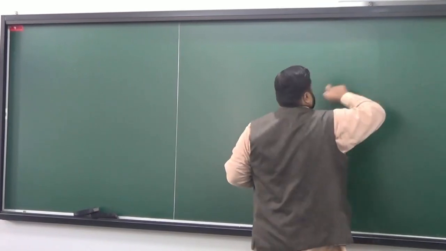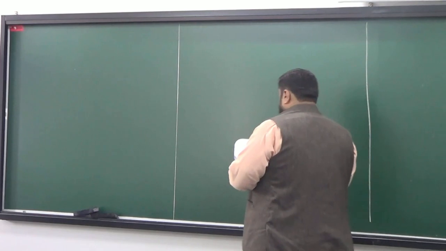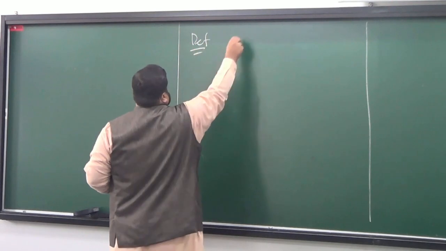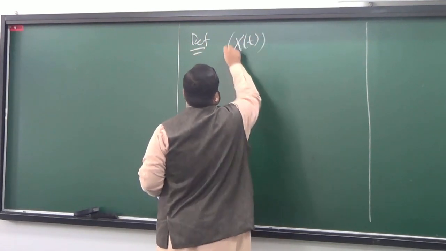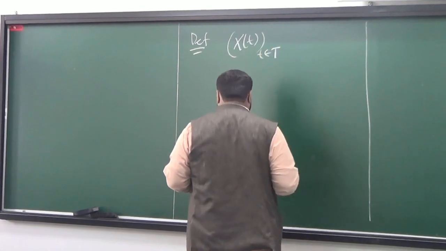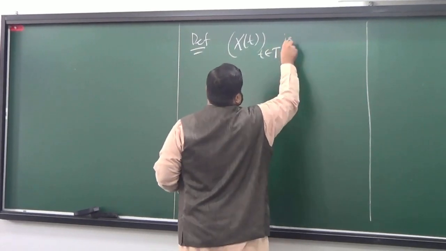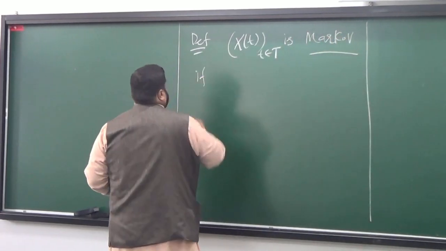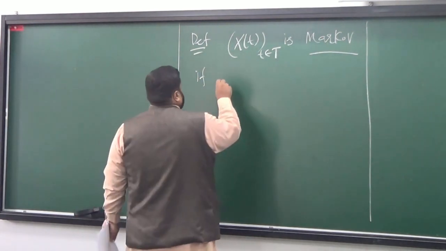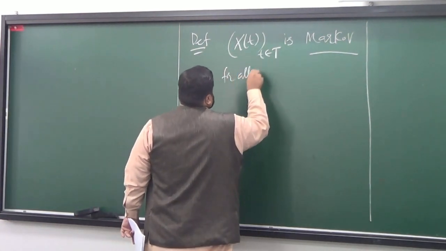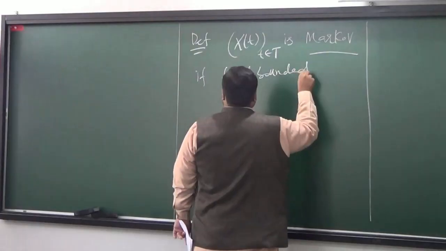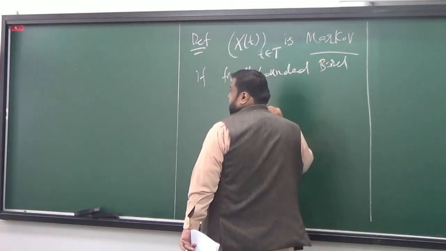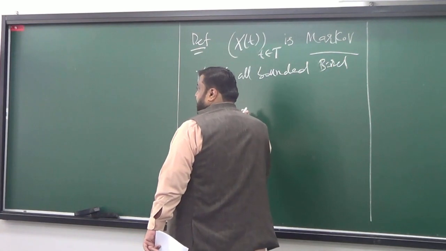In both cases, discrete time and continuous time as well, we say that X of t, over the time domain, is a Markov process if, for all bounded Borel sets.